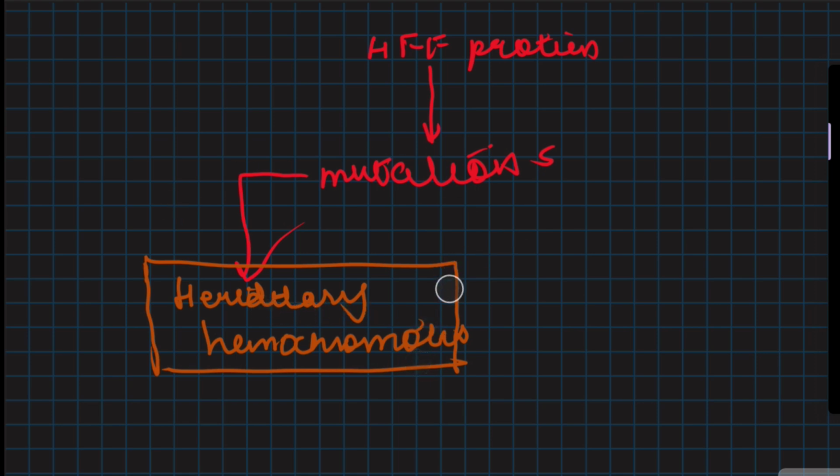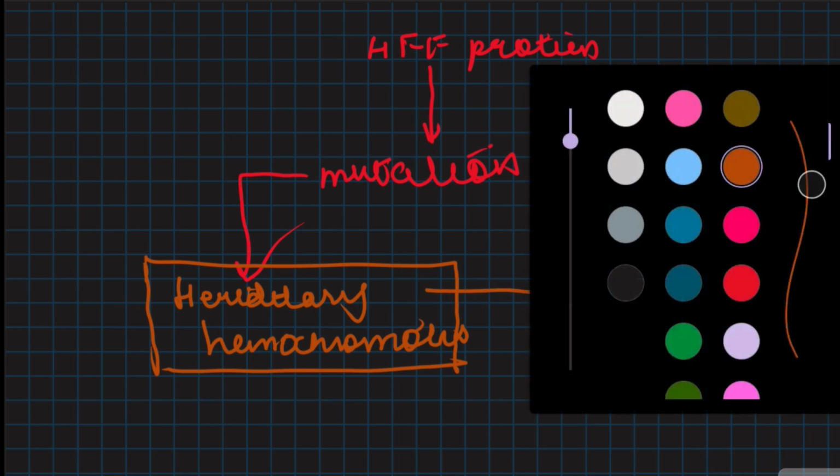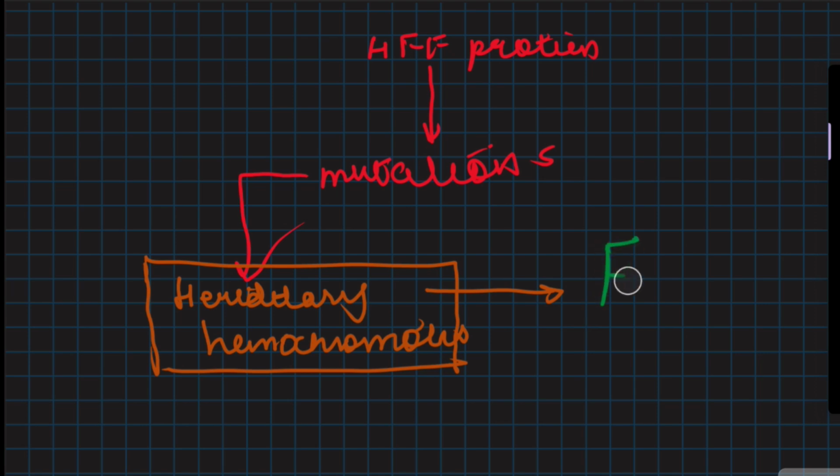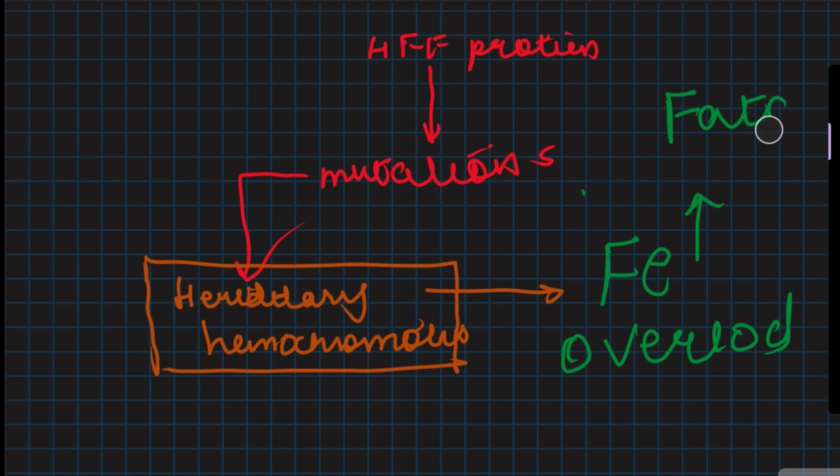And this will lead to Fe overload, and this can be fatal. So you need to remember it. What's the importance of HFE protein? How it is linked with hepcidin.